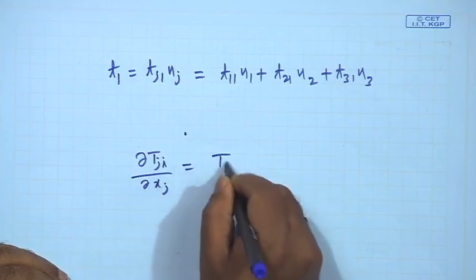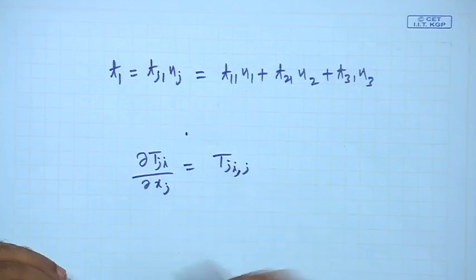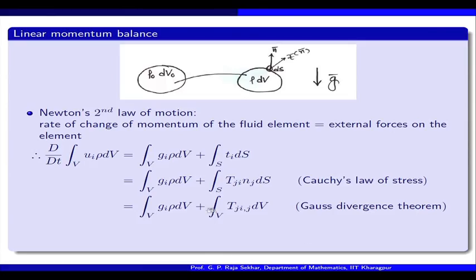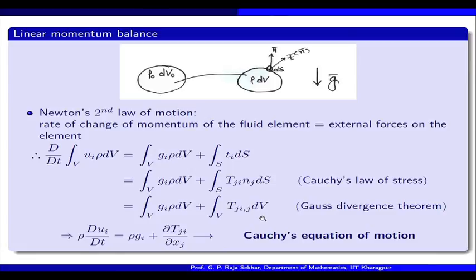This is the shorthand notation we use, fine. So, now we brought all the quantities under the same volume element. Therefore, since we are in the material frame, we can take it inside. This happens for any arbitrary volume element, so you make it equal to 0.